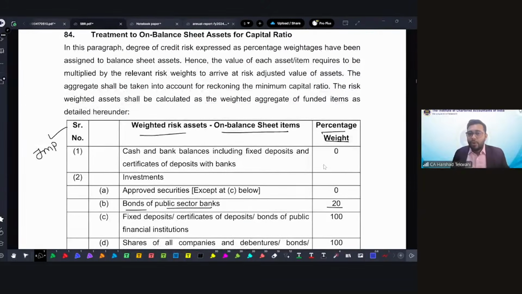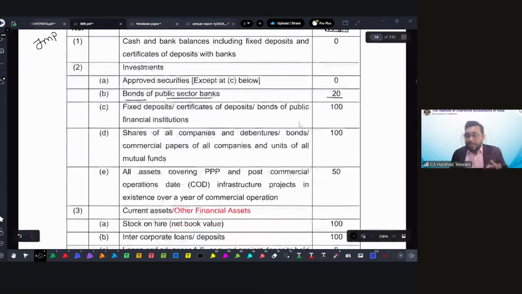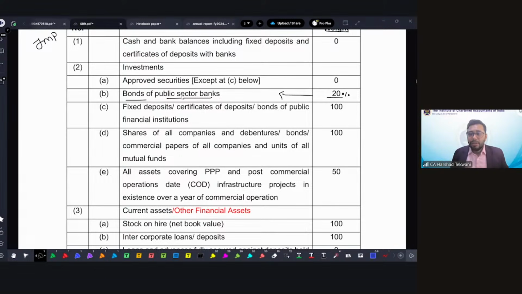So what I need to do here to calculate this is multiply each asset item by the relevant risk weight to arrive at the risk adjusted value of the assets. This is the risk rate. I need to apply this percentage, 20%, to the value of the asset, and then total all the asset values that I have received.